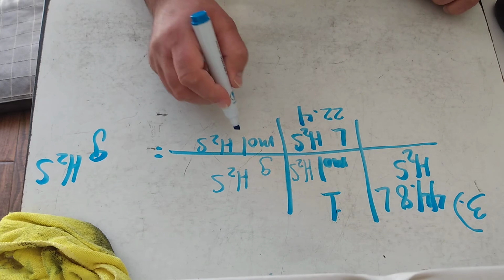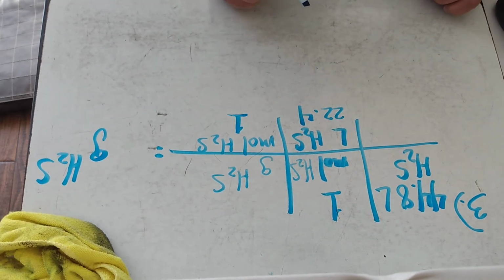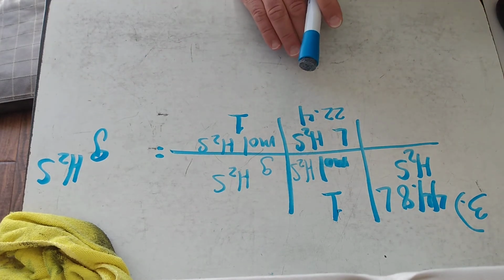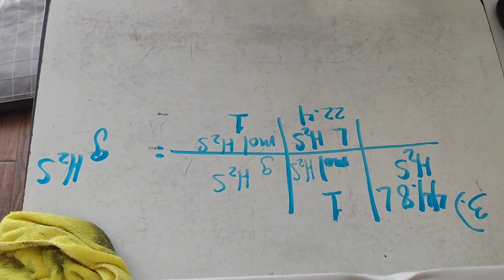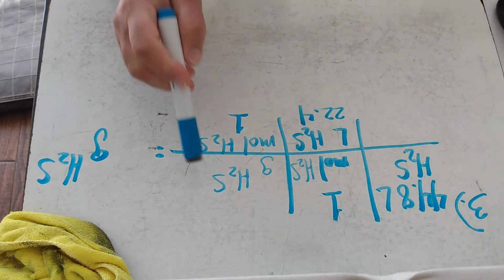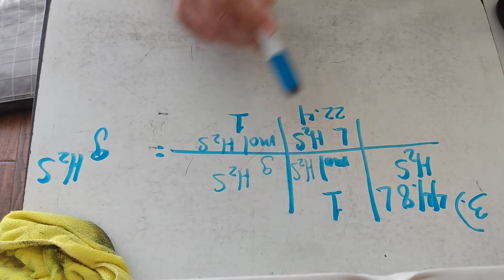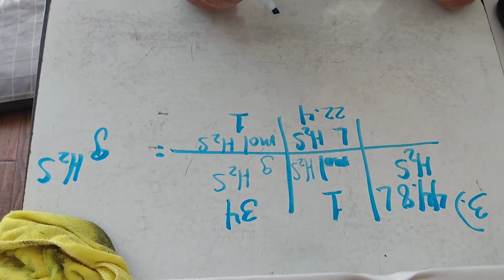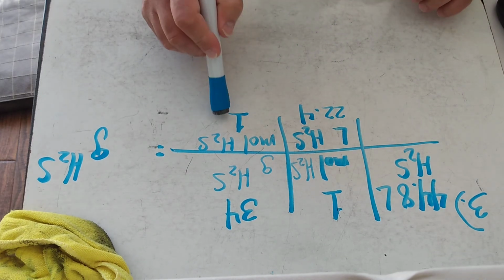Now 1 mole, and we've got to look up hydrogen. Hydrogen is 1, but we have 2 of them, and sulfur has an atomic mass of 32. So sulfur is 32 plus 2, so we get 34. So 34 is our grams for 1 mole.